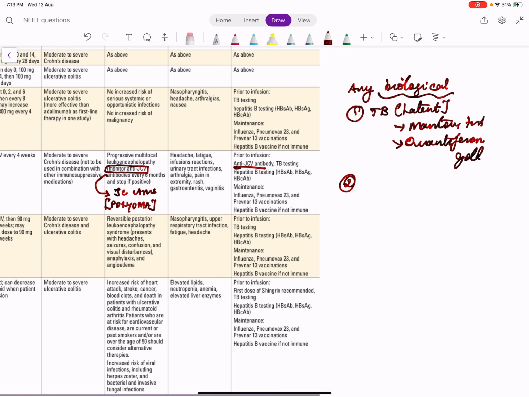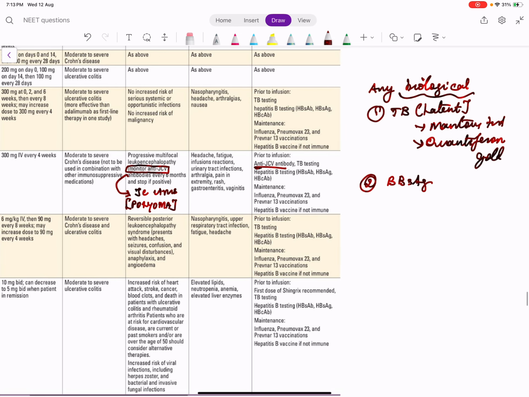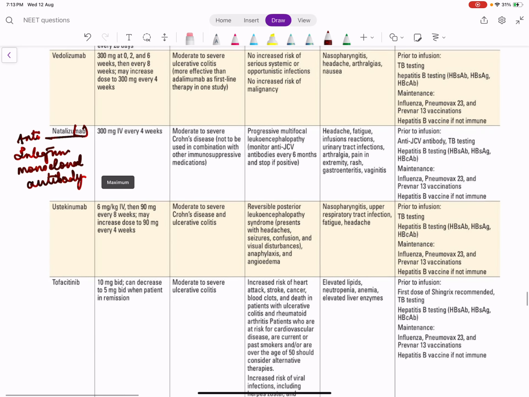And we have to rule out active hepatitis B. We have to check for HBsAg. One extra thing in giving natalizumab is we have to check anti-JCV and JC virus antibody also, right? And when giving biologicals, they should be vaccinated against flu, pneumovac, etc. Because it's a strong immunosuppressant.